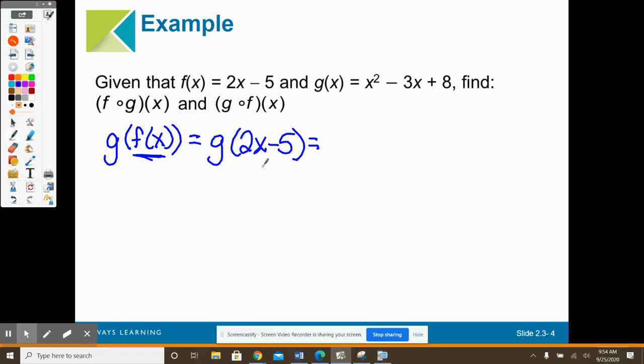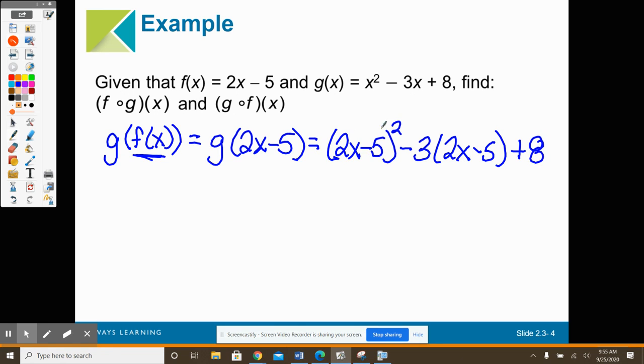When you plug in this 2x minus 5 into function g, you have to take out that x and put in the 2x minus 5 in parentheses, and look, it's squared. So we will have to double distribute there. Once again, if you put an x over top of the parentheses, it will look like what you're having here, x squared minus 3x plus 8. This is the part that's tricky.